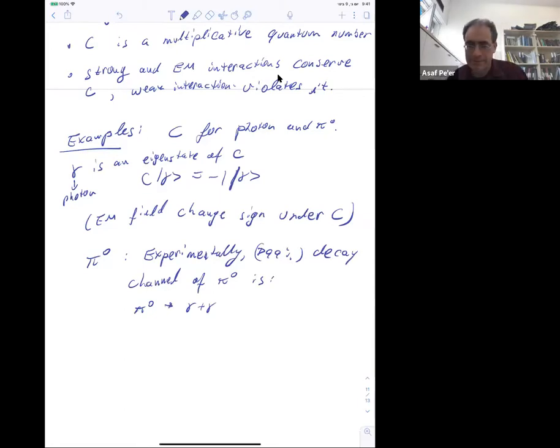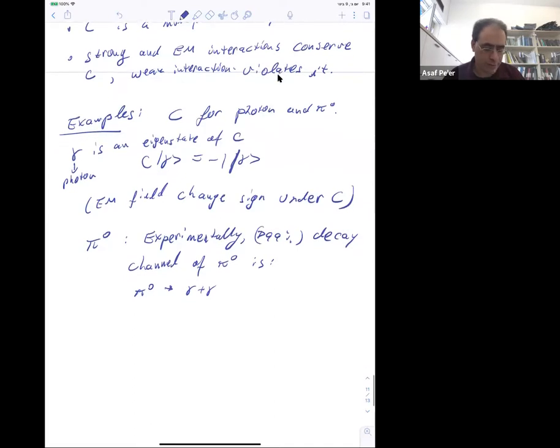And the electromagnetic interaction conserves charge conjugation. C is conserved under electromagnetic interaction.